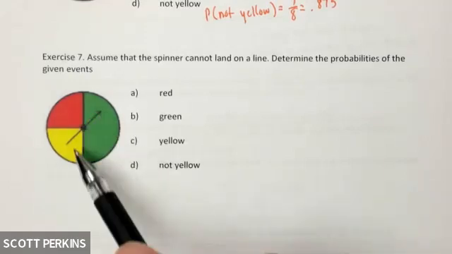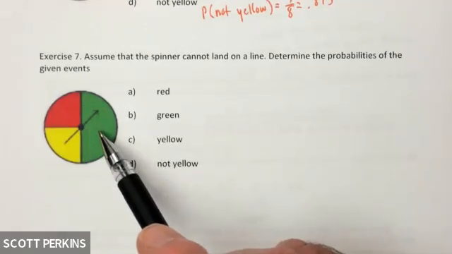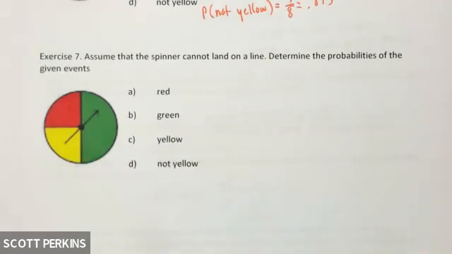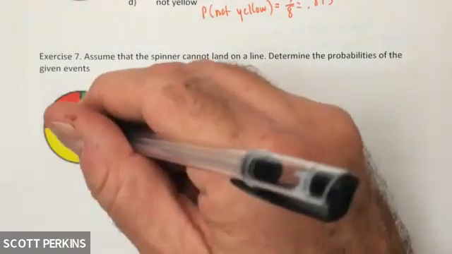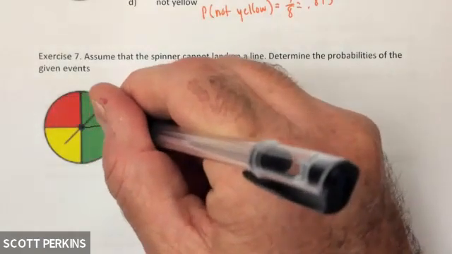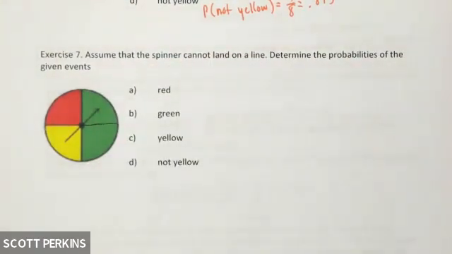I know there are three pie slices here and the green is one of them, but they are all different sized. So the easiest thing to do is to take your pen and slice that one in half. Now you have equally sized parts, and you can go ahead and find your probabilities. I'm going to give you a moment to finish that up, and then that is section 11.1.